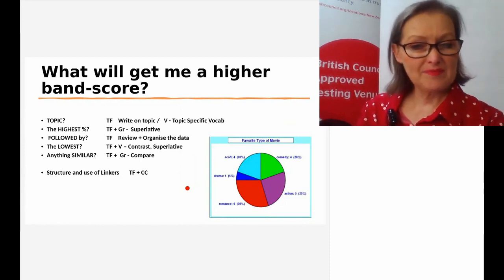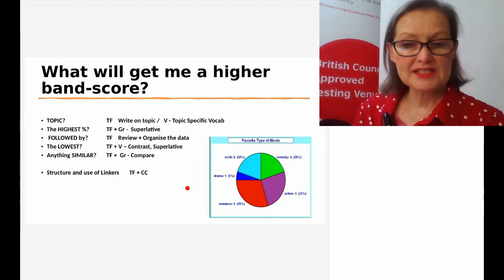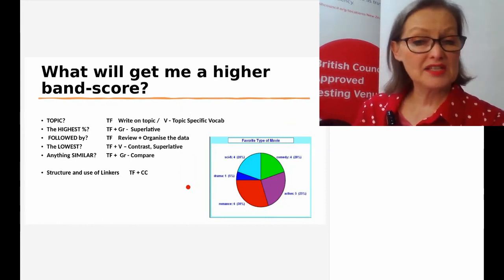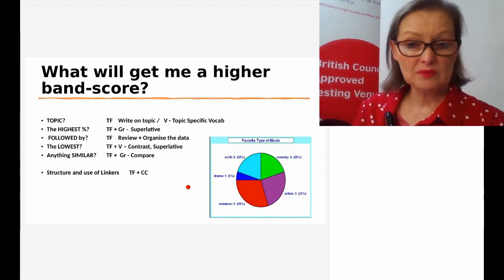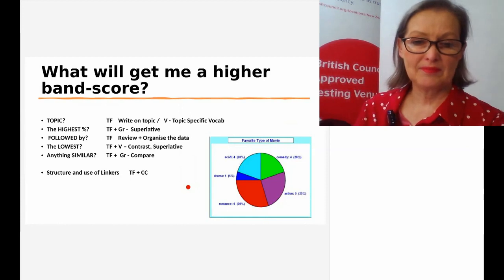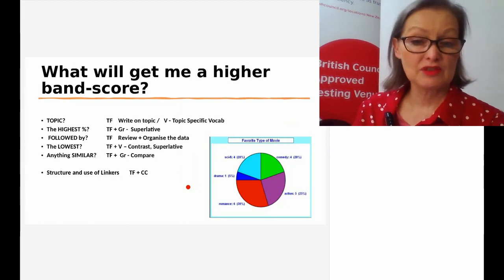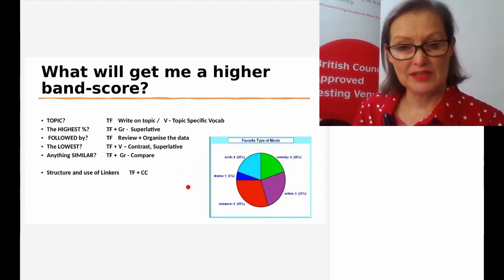Followed by, once again, I'm reviewing and organizing the data. That's going to help me get my high task fulfillment score. And of course, once again, vocabulary and grammar. And the lowest, once again, is going to assist me to get my task fulfillment and my vocabulary score.